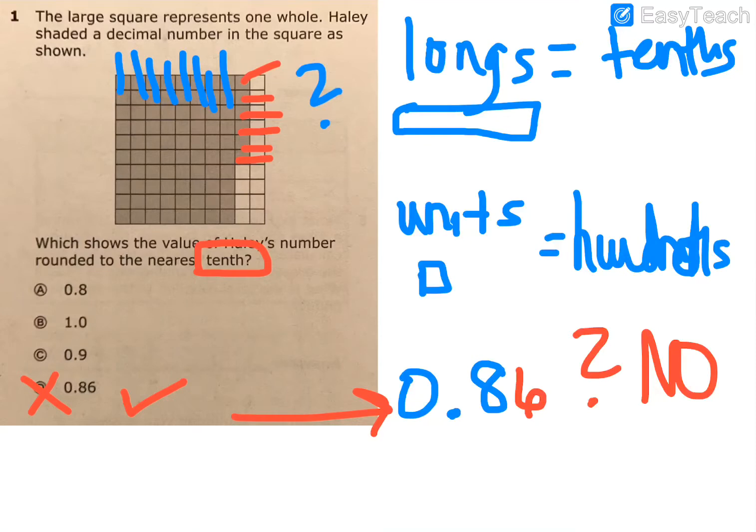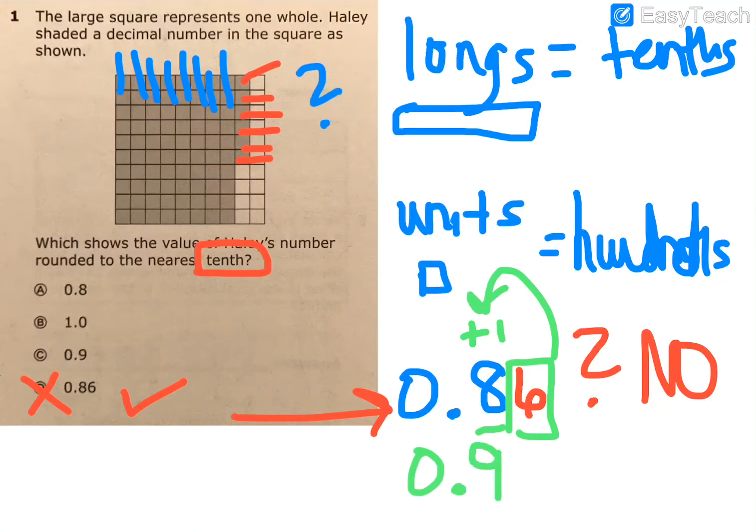I'm going to underline the place value we're rounding to, which is the 8, and box the number behind it. Is it 4 or less or 5 or more? It is 5 or more. So what does it tell us we have to do? Great. We need to add 1 more to the number in front. If we add 1 more to the 8, what does that number become? Great, it becomes 9. And what happens to the 6?